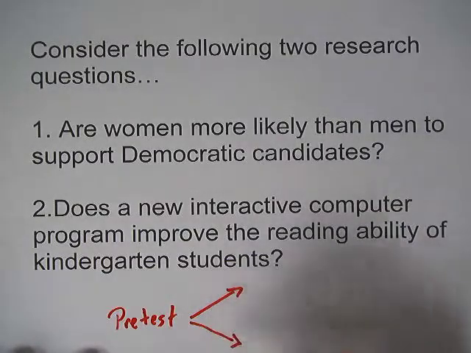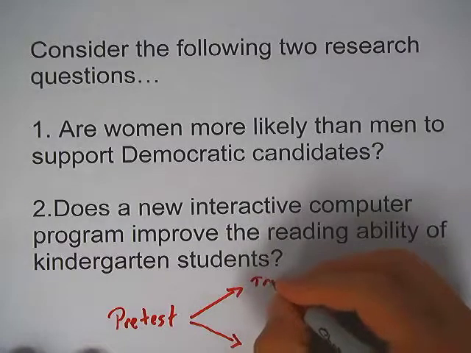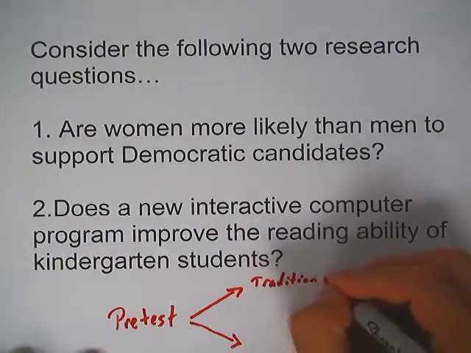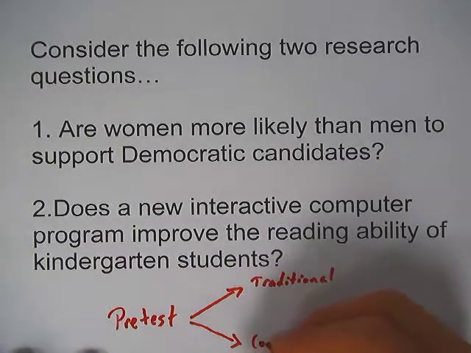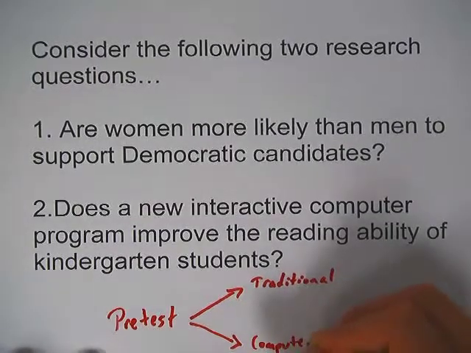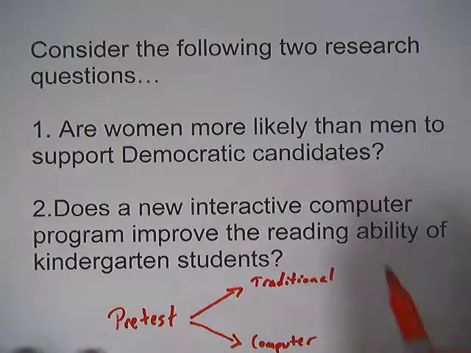Okay, and this split should be done randomly, and I would need to then teach one group reading using just the traditional means. So however that school generally teaches reading, the teachers would go about teaching this group in the traditional manner, and the second group would be the ones using the computer instructions, so the interactive computer program.